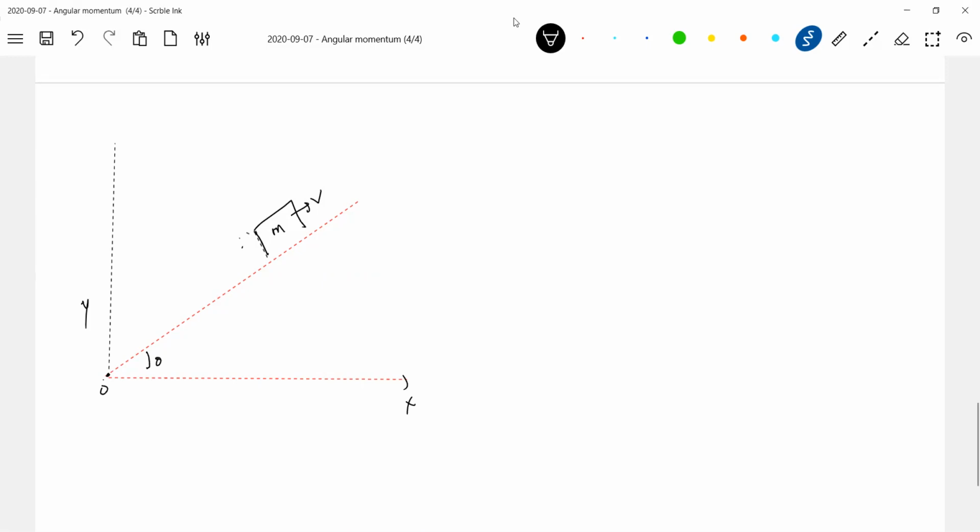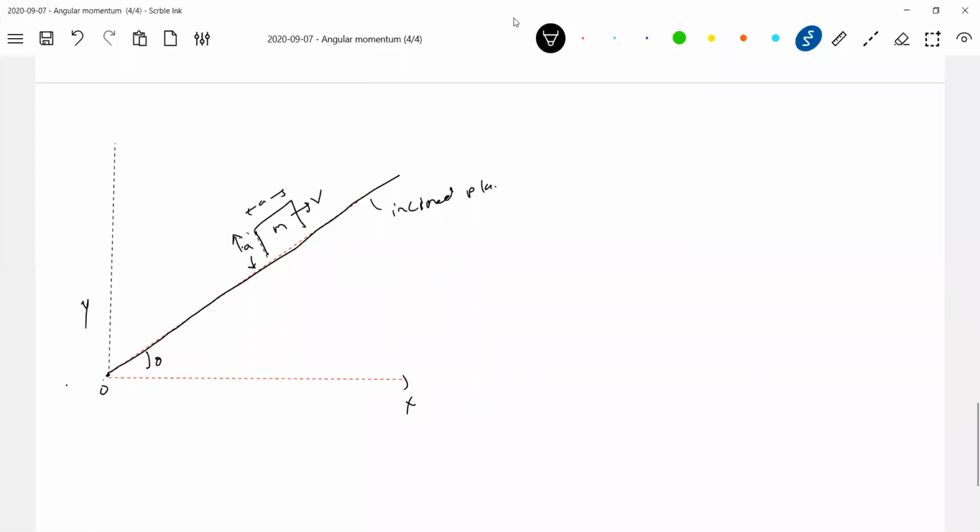There's the inclined plane. A block means it will be a cubical block, side length A, mass M. Now what is the angular momentum of that? At t equals 0, it was here. After some time t, I'm asking what can be the angular momentum of this particular block.